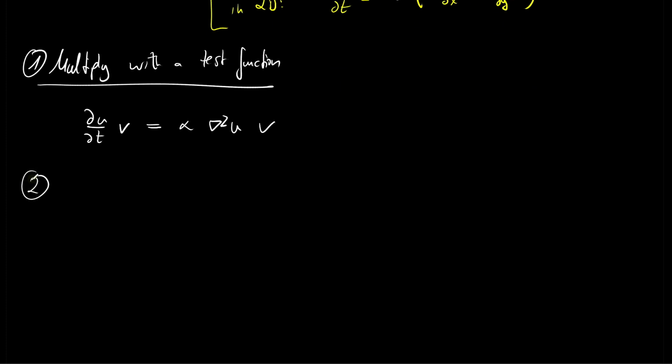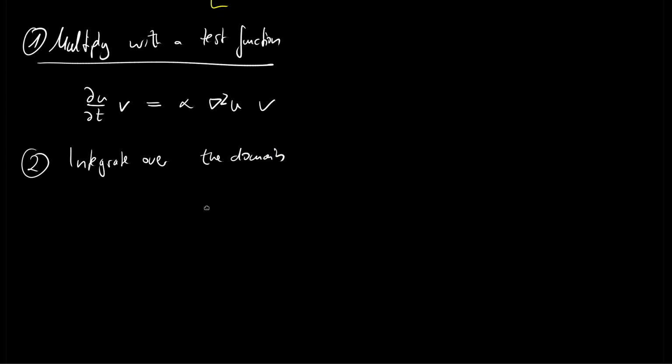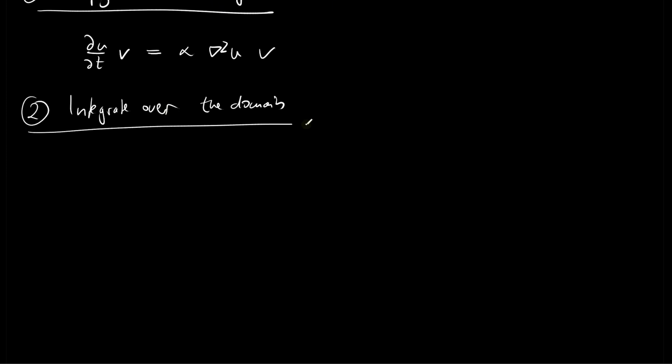Then the second step is to integrate over the domain. And here I just want to be more general and call this domain omega. In our one-dimensional case, we will keep having a one-dimensional domain, the interval from 0 to 1, but this is more general in order to also comply with the multi-dimensional scenario.